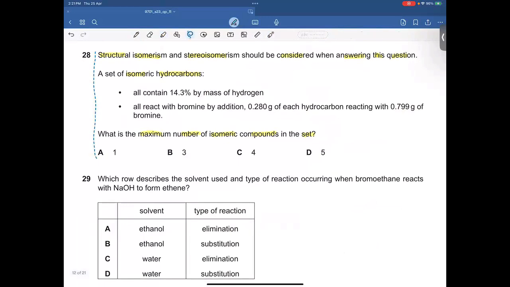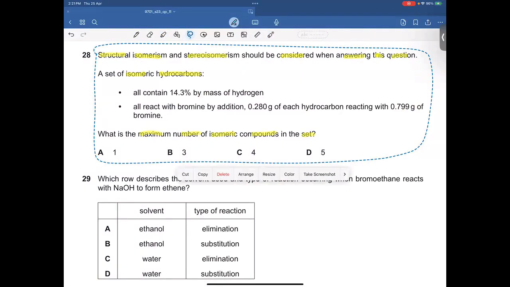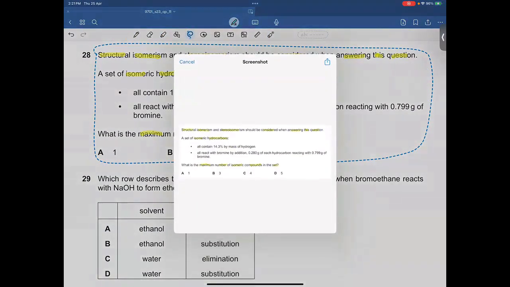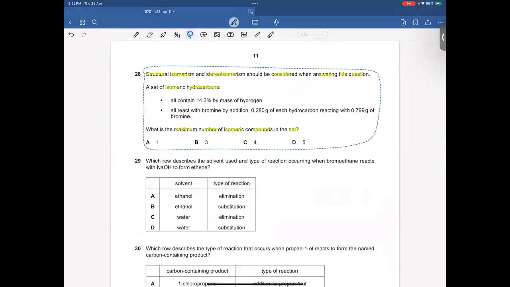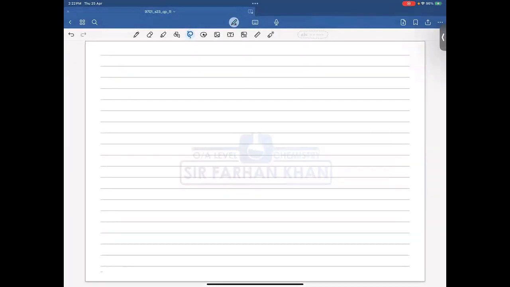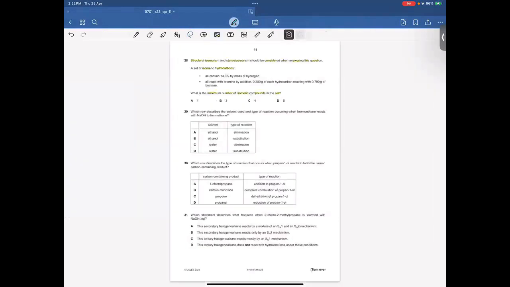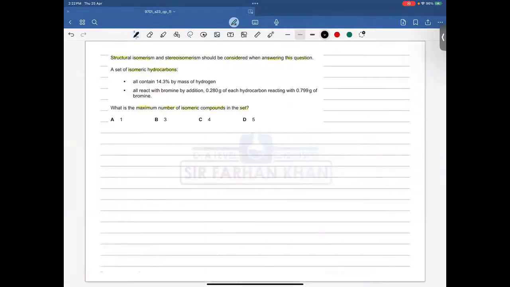Let me copy this question so that we can solve it on the next page, a separate page. This question is 28.